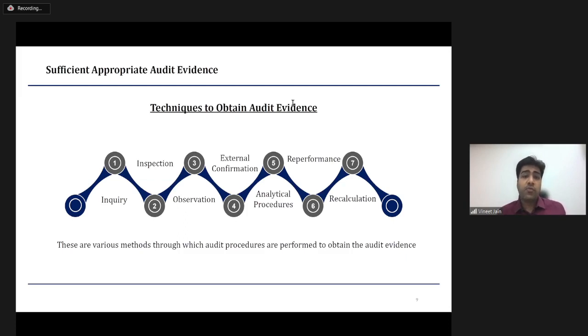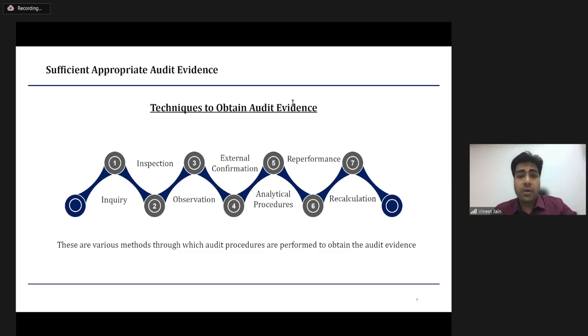And maybe we can perform analytical procedures by comparisons or through benchmarking with different companies within the same industry, and try to analyze, okay, if the numbers of a particular company in a similar industry are flowing in a particular manner, whether the company under audit is also at the same pattern or not. So all of these analytical procedures give us insights about the flow of the numbers within the financial statements. These are majorly number impacting, and this is one of the very effective techniques to obtain audit evidence.